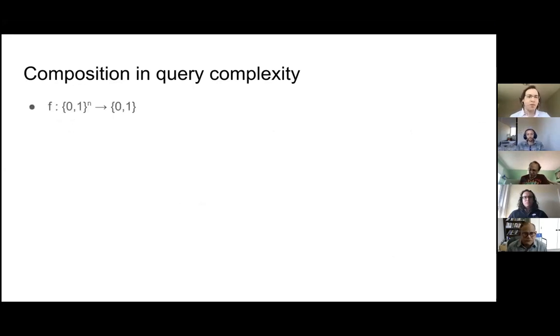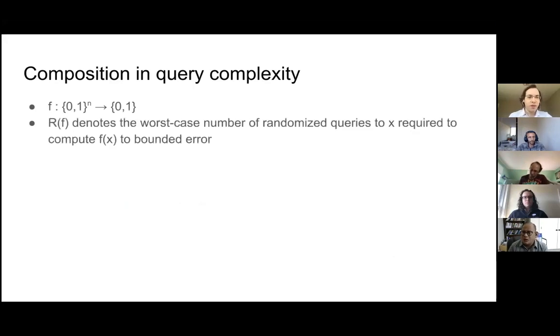Suppose you have a Boolean function f, which takes in n-bit strings and outputs a 0, 1 value. We let R of f denote the randomized query complexity of f, which is the worst case number of randomized queries to the input required to compute f to bounded error. So here we are reading the bits of the string, and our goal is to compute f of x.